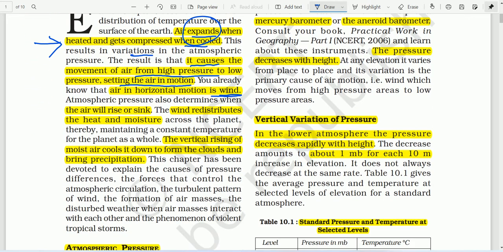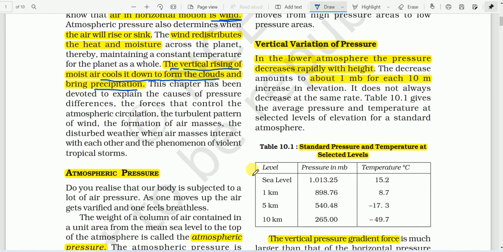See the vertical rising of moist air: it cools down to form clouds and brings precipitation. At the same time, it also redistributes temperature because of the movement of the wind. When there is vertical movement of the wind, there will be cloud formation.